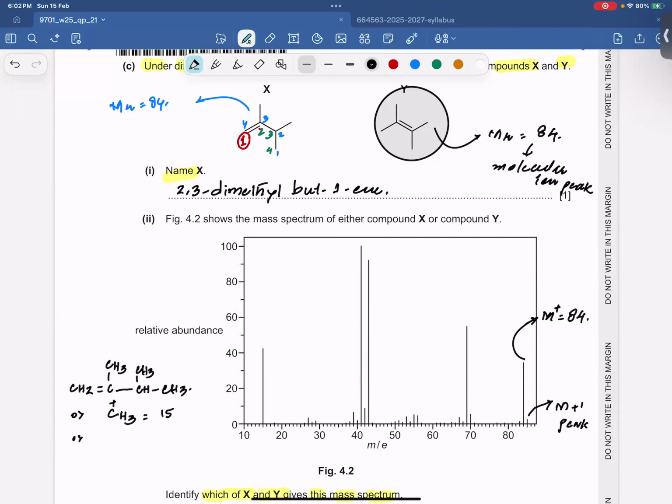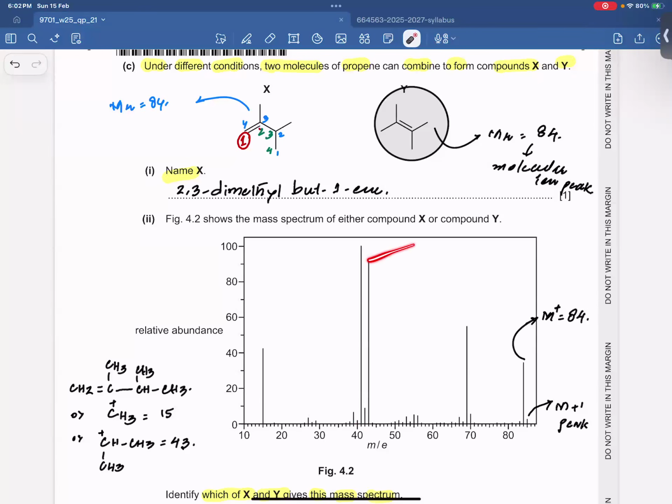The second common fragment is CH, CH3, and CH3, which has a mass to charge ratio of 43, I believe. 40, 41, 42, 43. This is the 43 peak. And this is the 15 peak.